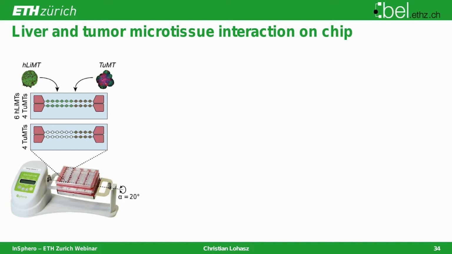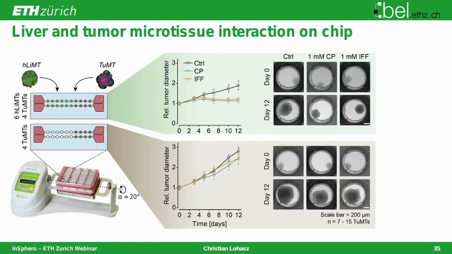Now, looking at the growth of the tumor microtissues, we see in the top panel the ones cultured together with liver microtissues. And from the growth curve, you can see that in the presence of cyclophosphamide or E-phosphamide, the growth of the tumor microtissues was inhibited. On the right side, you can also see representative images at day 0 and day 12 of the tumor microtissues. In the bottom panel, you can see the microtissues that were cultured in the absence of liver microtissues.